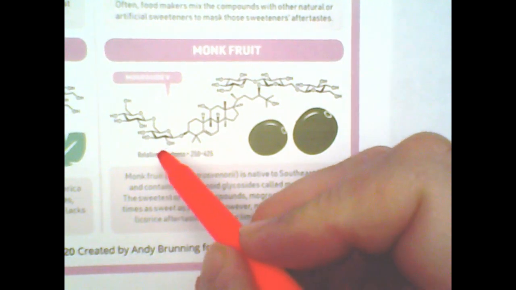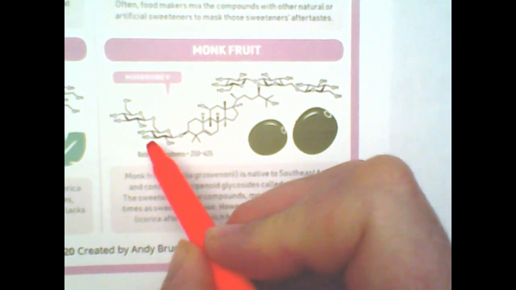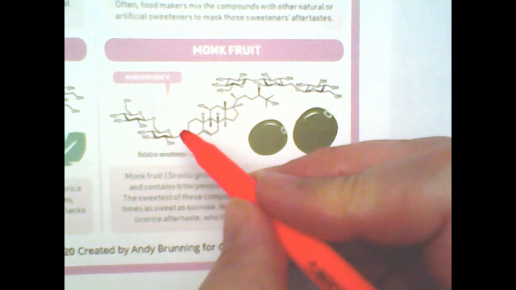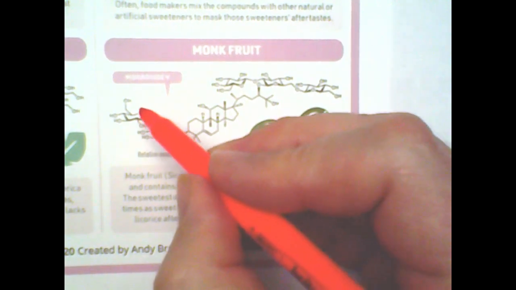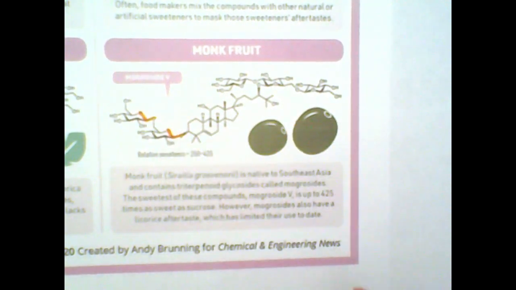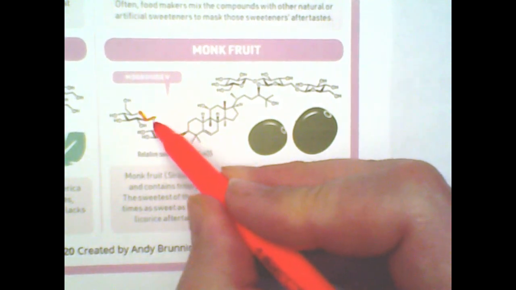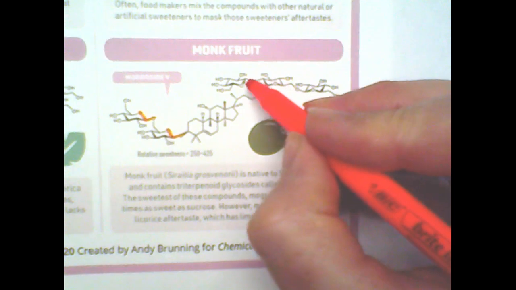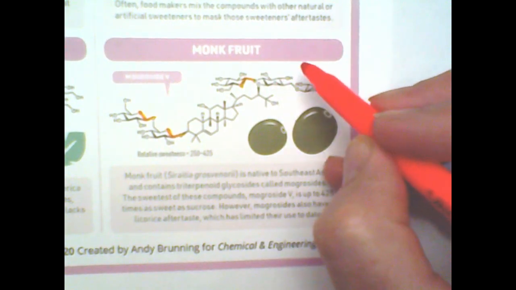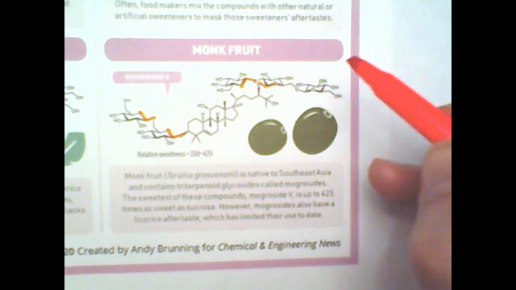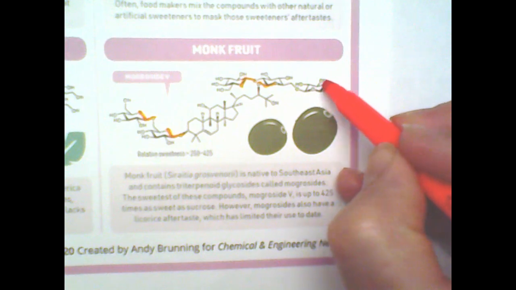But you can see in here, we've got rings with these functional groups commonly found in sugars, acetals, which we know form from ketones or aldehydes.